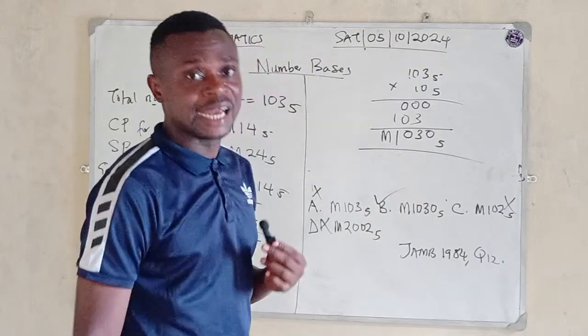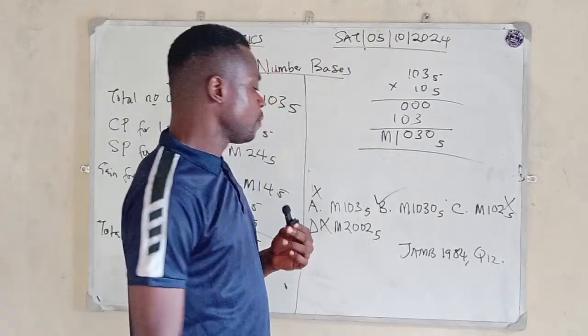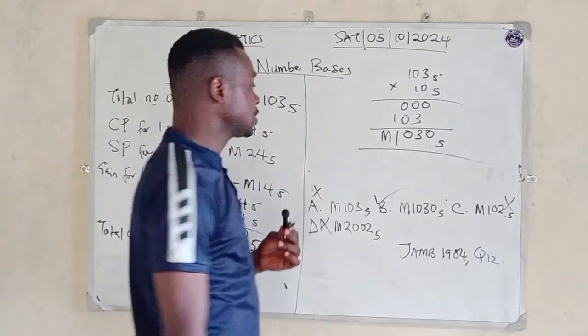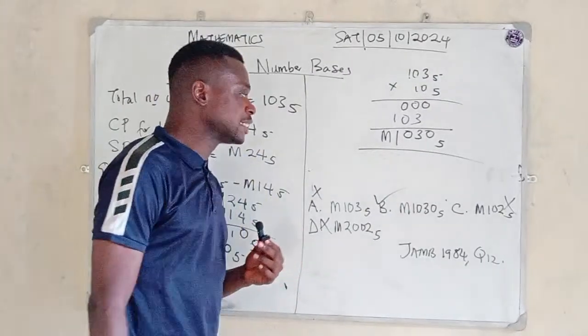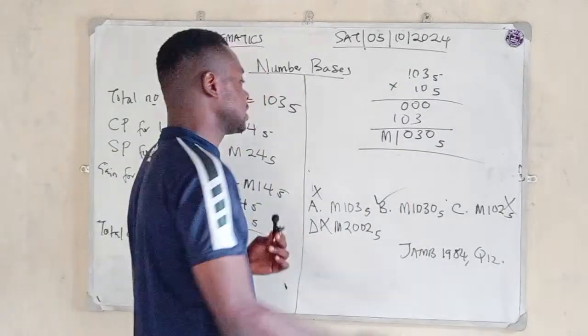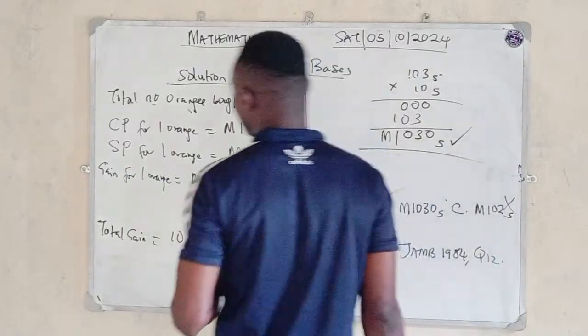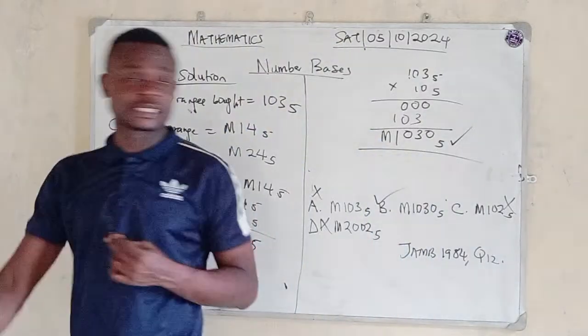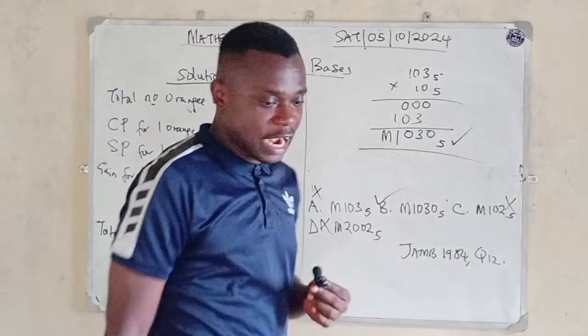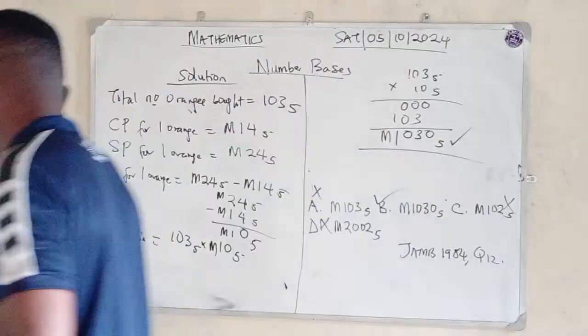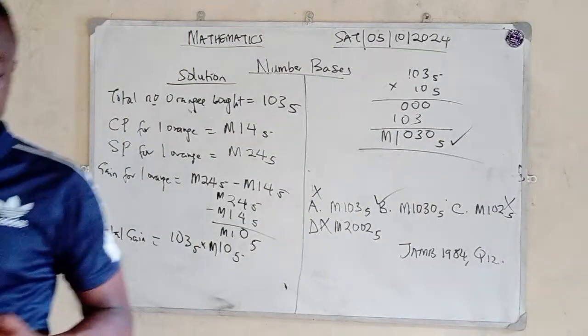JAMB 1984 mathematics question 12 is M1030 to base 5. So this is the answer. I'll give 1 minute for us to go through this solve and assimilate it. After 1 minute, we go over to the next question.